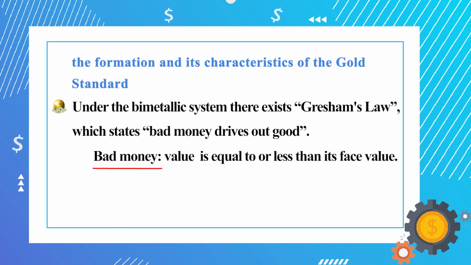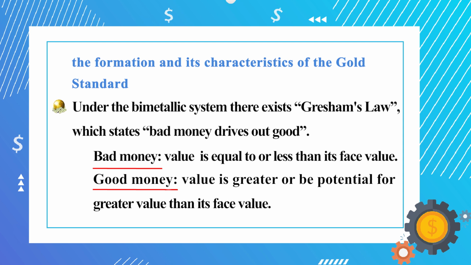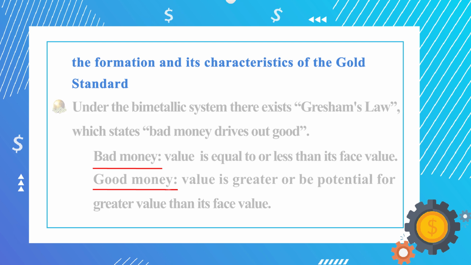Bad money is a currency that is considered to have equal or less value compared to its face value. Meanwhile, good money is currency that is believed to have greater value or more potential for greater value than its face value.